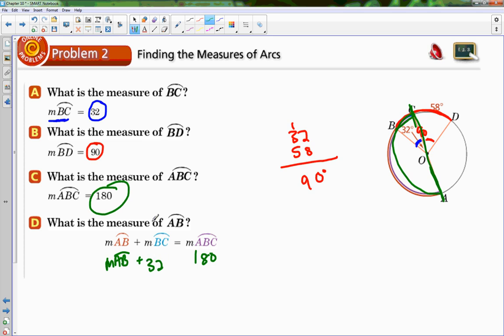So essentially, the measure of AB is 180 minus 32. Go to 7, and that's a 2, and that's 8. 7 minus 3 is 4. 148? Check my math.